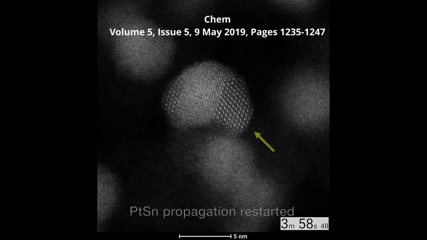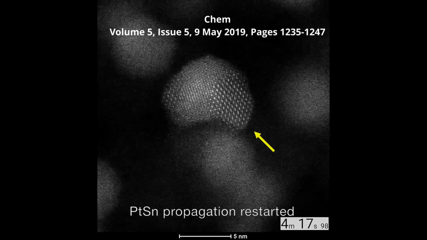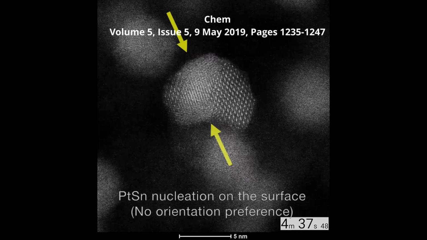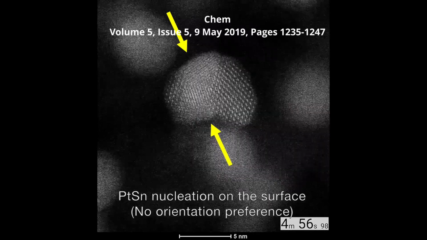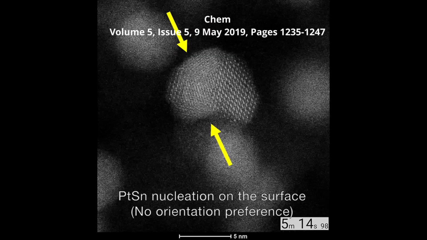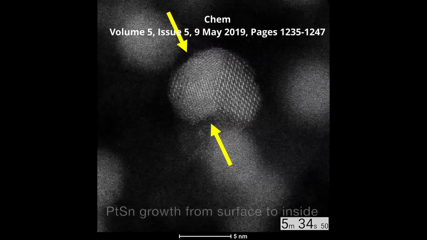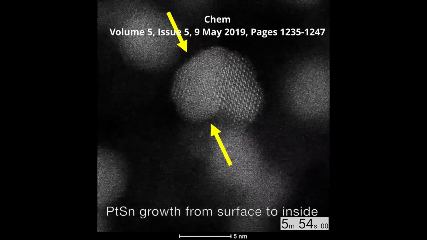Although these beneficial effects of the tin promoter are well known and have been described in the literature, the working principles of the platinum-tin system are still under debate. Indeed, both geometrical and electronic effects have been invoked to explain the mechanism through which tin influences the catalyst properties of platinum.